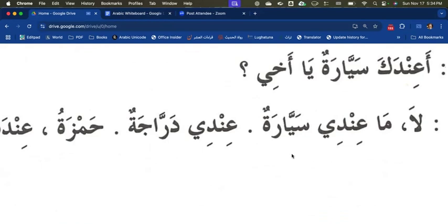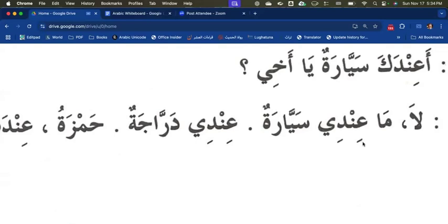How did you know that ma is a don't? Ma is what? It is also sometimes a negation particle. It is used as a not. So this is another concept. Inshallah, we will do that later. Not today. ما عندي سيارة. I don't have a car.